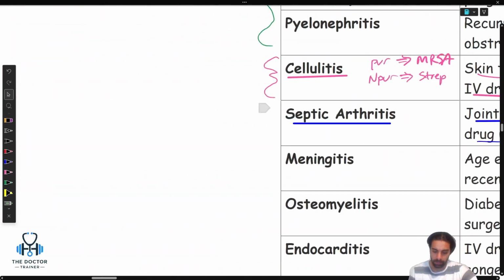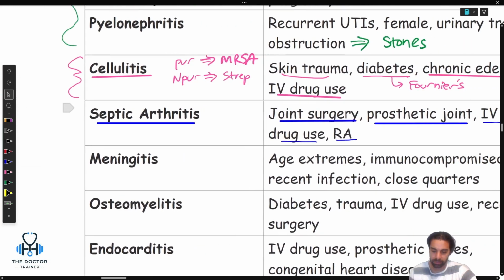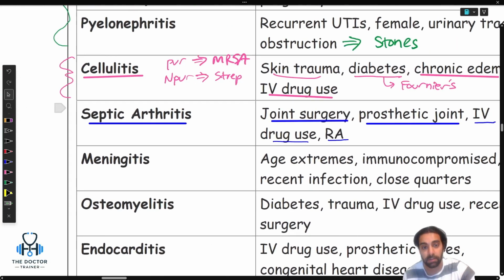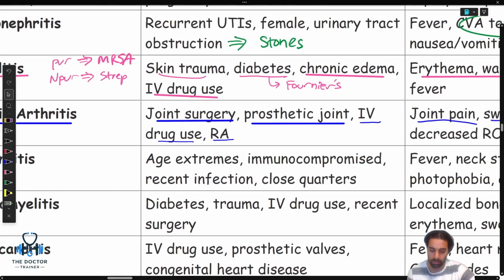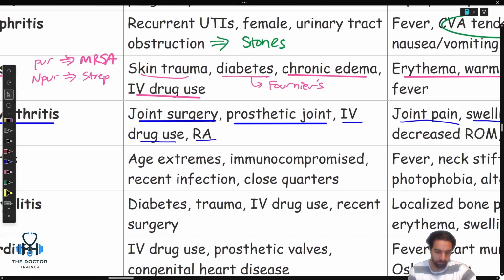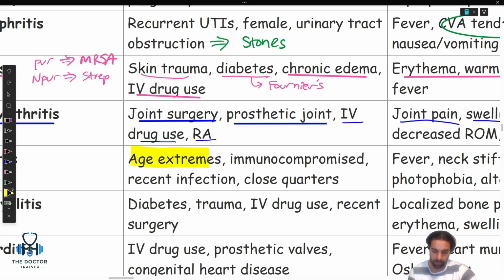All right, meningitis. It's usually little kids, like babies, and older adults who are both immunocompromised. So age extremes, immunocompromised state.